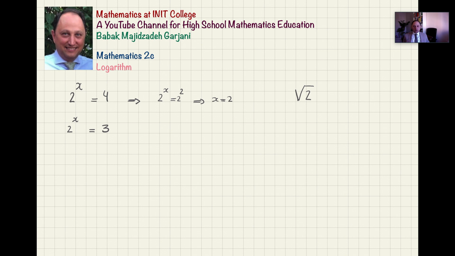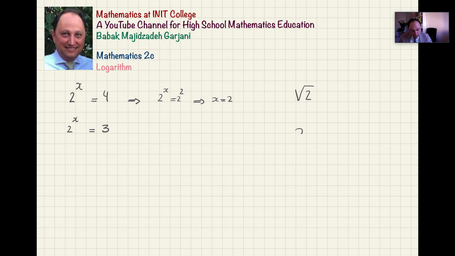The square root of 2 is a number so that when raised to power 2, as Rocco told, if you multiply it by itself, it becomes 2. That's it. This is the meaning of a square root of 2. But in principle, you need to ask yourself first, do you think such a number exists?